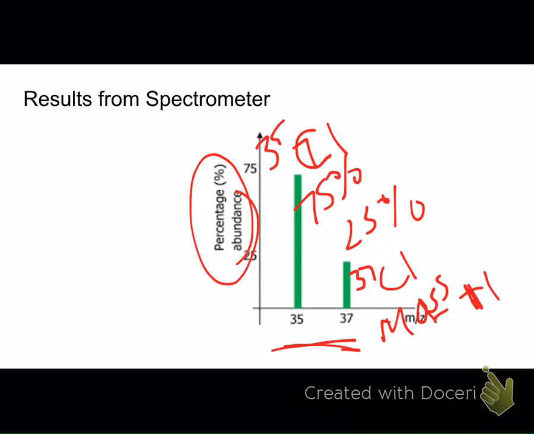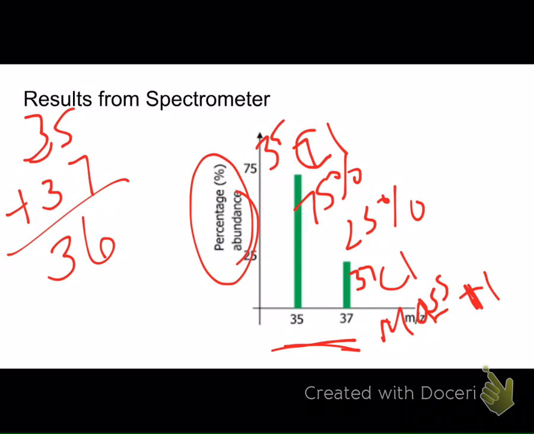So how does that affect the mass? Anytime we take the mass, we have to account for the fact that we have each of these different mass numbers of the chlorine atoms. So you're thinking, well, heck, if I have 35 plus 37, wouldn't the average just be 36? And the answer there is no, it wouldn't be, because they're not equally weighted.